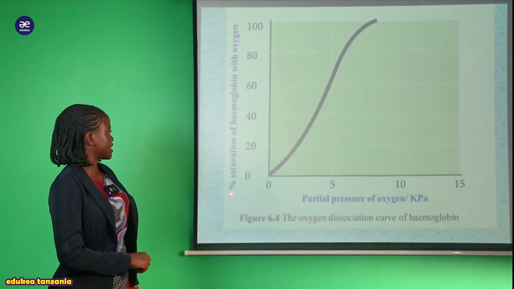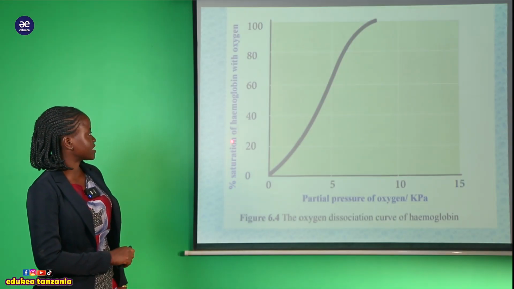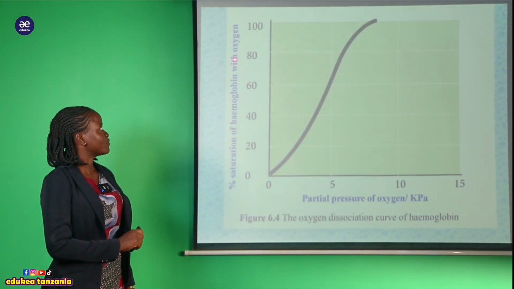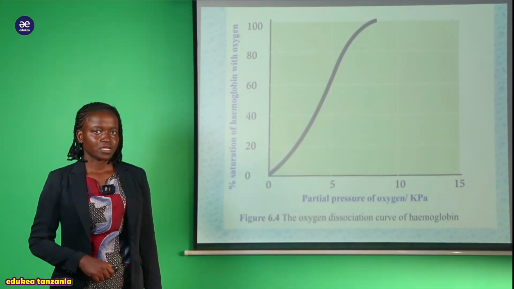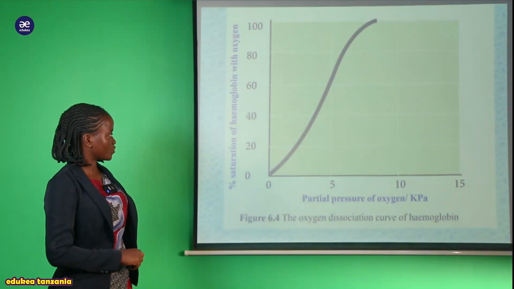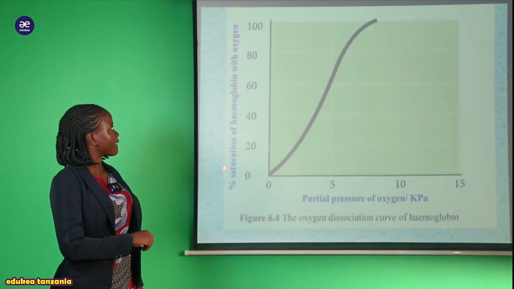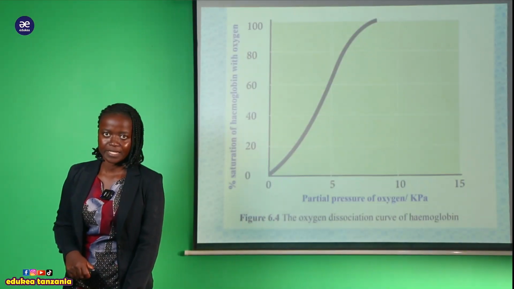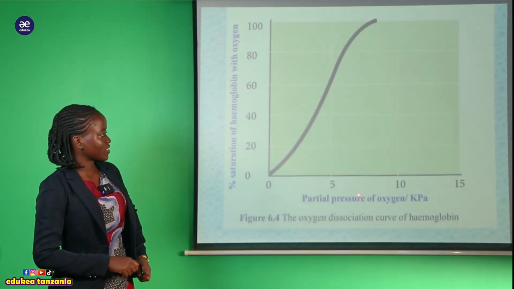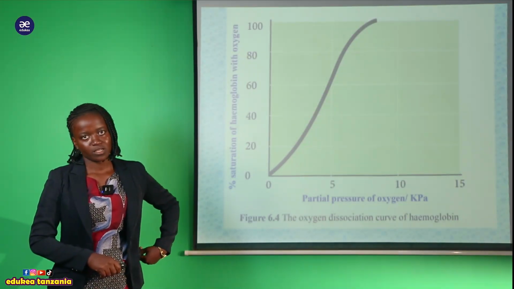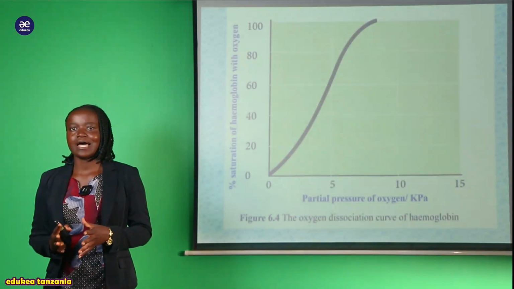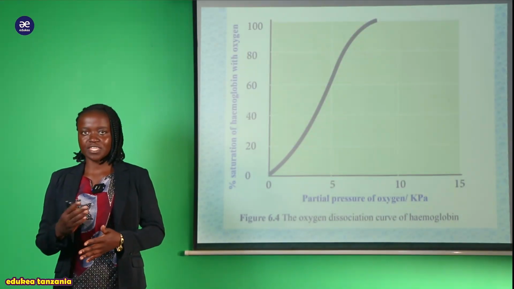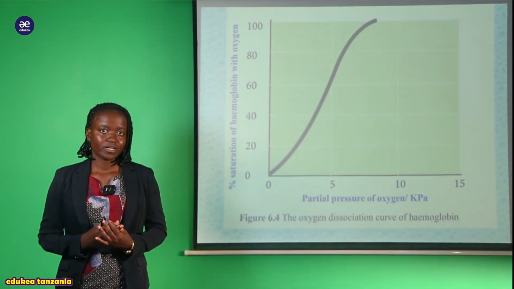Here we have the percentage of saturation of hemoglobin with the oxygen. So this is the partial pressure, the level of oxygen, let's say within the alveoli.